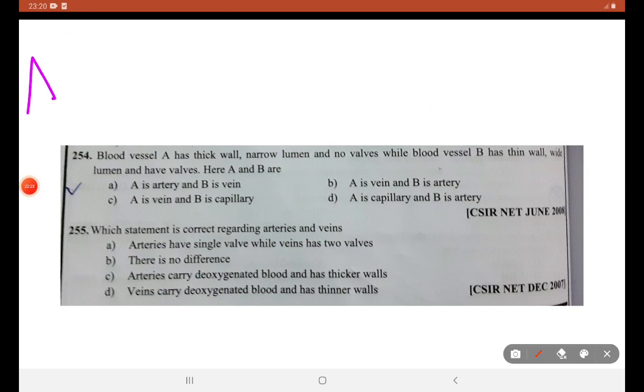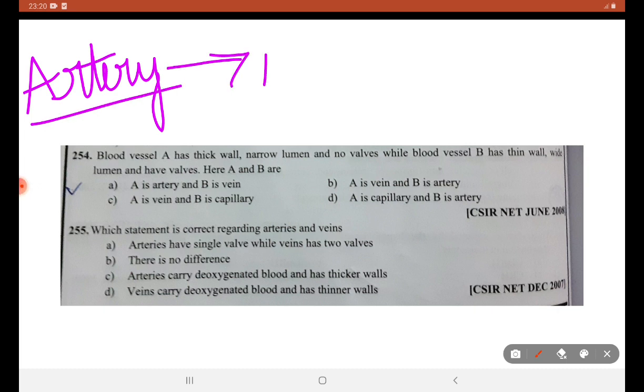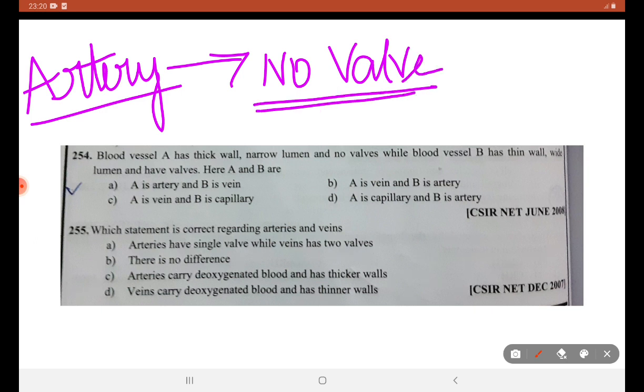New learning. Artery has no valve. Okay. But D is thin, wide and has valves. Here it is said that arteries don't have valves. When arteries have single valve, no.